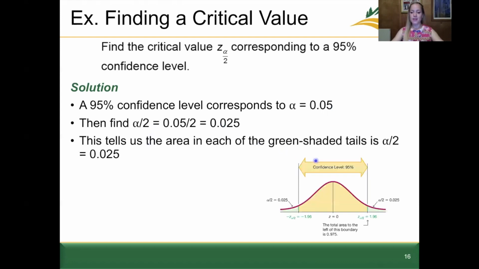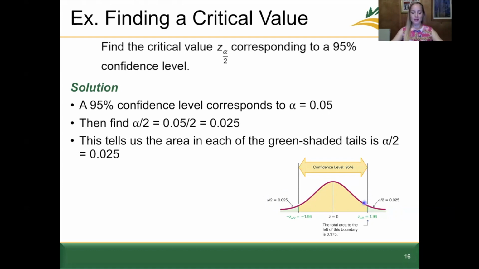So in other words, we know that the shaded region here is alpha over 2. Therefore, the shaded region here is equivalent to 0.025. Because our distribution is symmetric, then this value of alpha over 2 being equivalent to 0.025 is also the same on this hand side of the normal distribution. But keep in mind the definition of a critical value. We want to look at this right-hand side of the normal distribution.